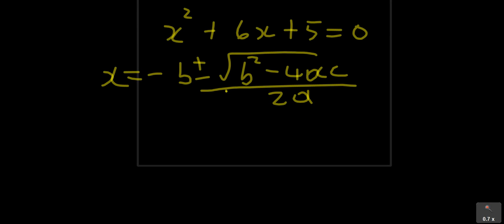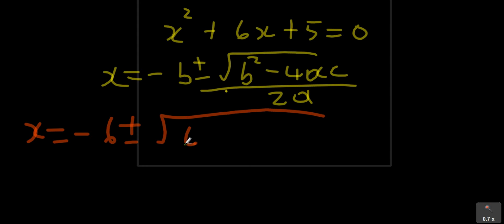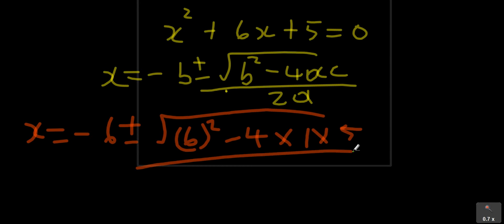So let's write x is equal to negative b, which is negative 6, plus or minus the square root of 6 squared minus 4 times a times 5, all over 2 times 1.